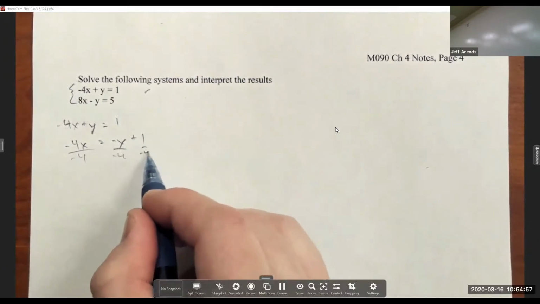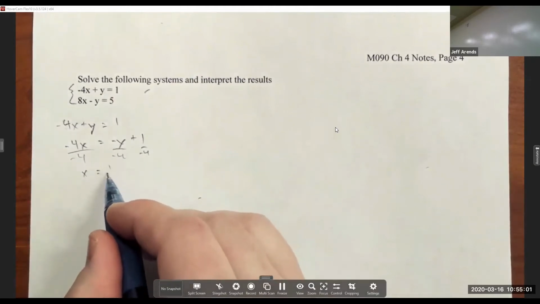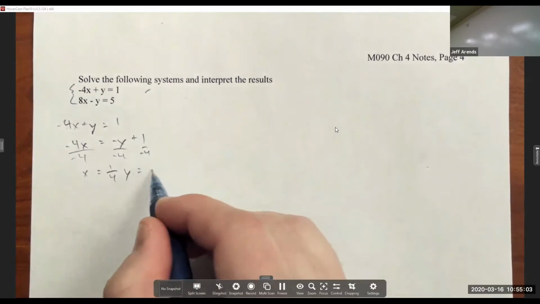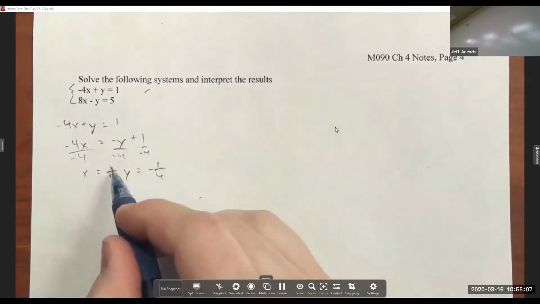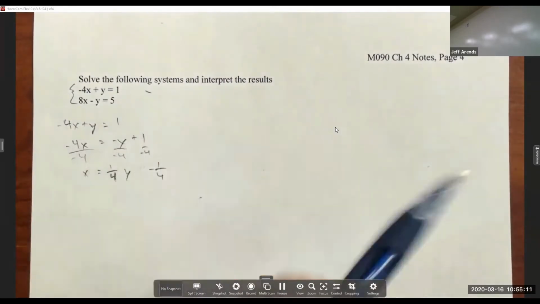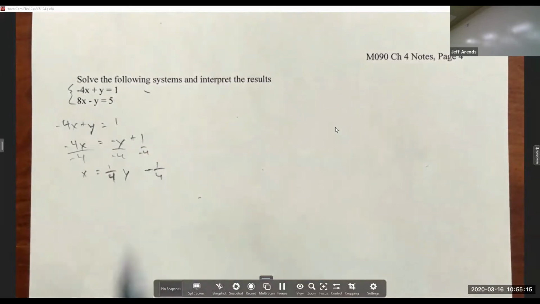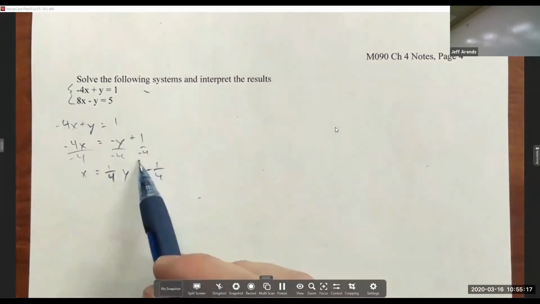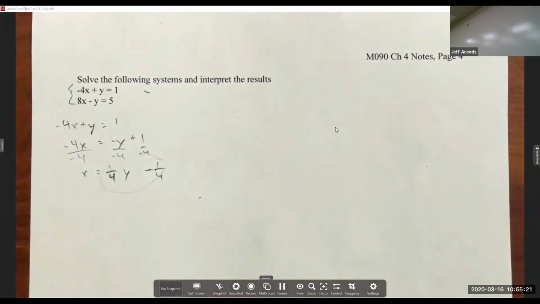It's this dividing both sides by -4 that, while it's not a problem, makes things more difficult, because you can see we introduce fractions. We have x equals 1/4 y minus 1/4. At this point, I could technically plug this in for the value of x in the other equation.